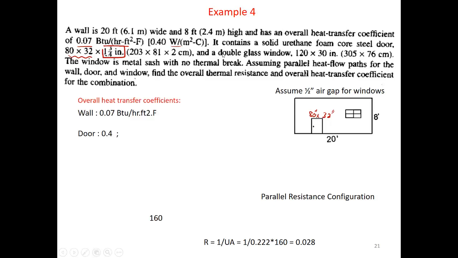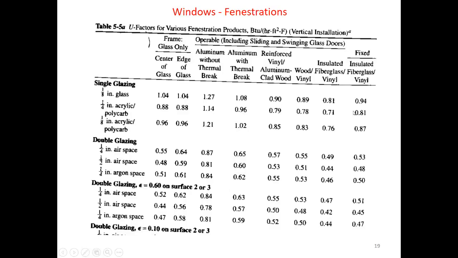Let's check the window. A double glass window that has 120 times 30. The window is metal sash with no thermal break. So let's go back to the window.